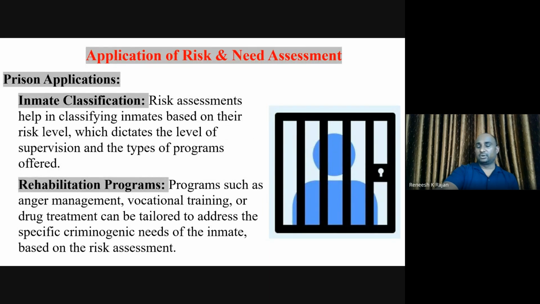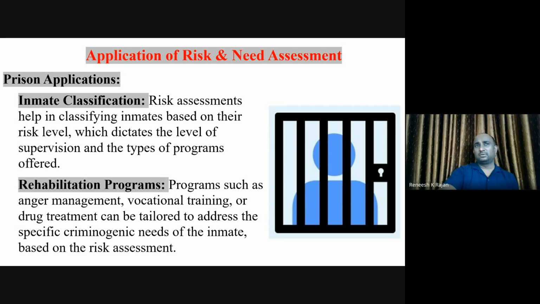Prison applications, we already talked about. Inmate classification based on the risk: we can classify the prison inmates as low risk, medium risk, or high risk. And rehabilitation programs: programs such as anger management, vocational training, or drug treatment can be tailored to address the specific criminogenic needs of an inmate based on the risk assessment. Based on the need assessment, we can give specific intervention programs.